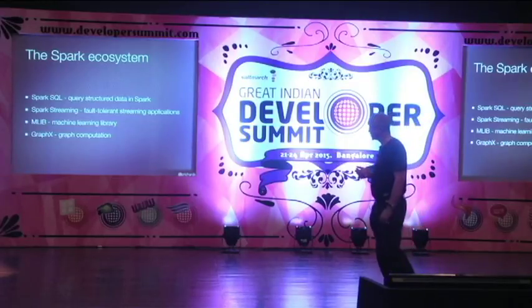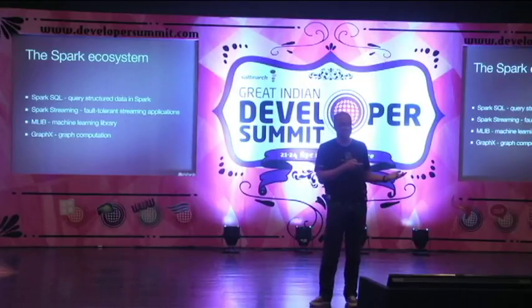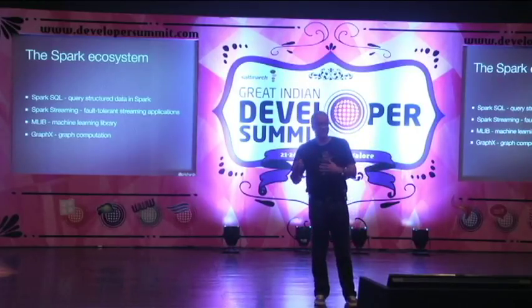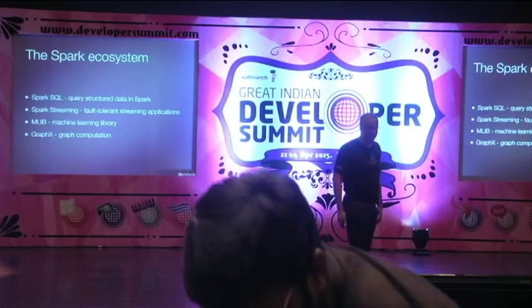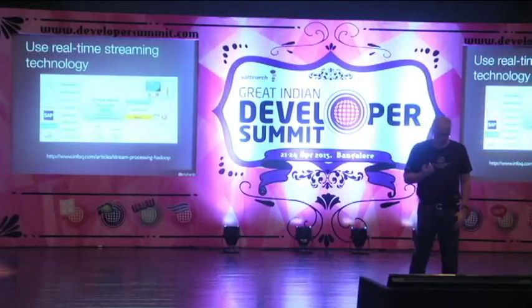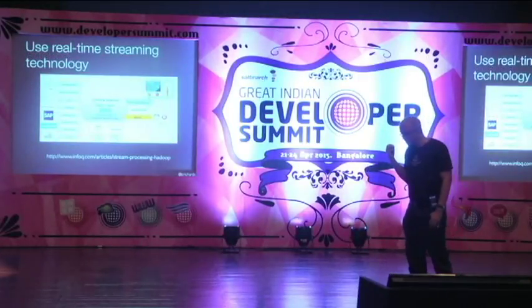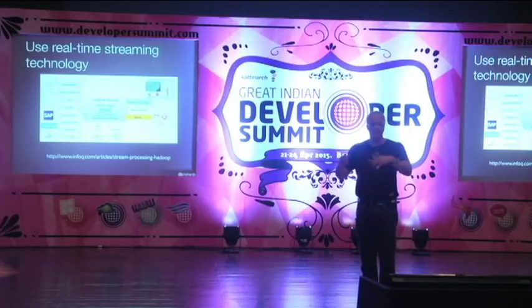Another really interesting technology in the Spark ecosystem is Spark Streaming, which lets you process real-time streams of data. That's what I'm going to talk about next. The standard way of doing data analytics is to store the data and then process it.